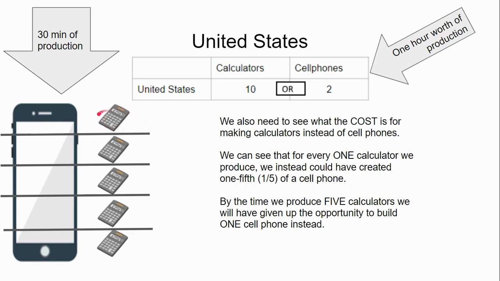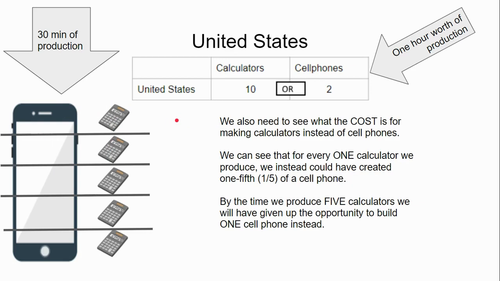So in 6 minutes, I could have made one calculator or 1/5 of a cell phone. And in 12 minutes, two calculators or 2/5 of a cell phone. And in 18 minutes, three calculators or 3/5 of a cell phone. And in 24 minutes, four calculators or 4/5 of a cell phone. And then in 30 minutes, all 5 calculators or one entire cell phone, right?